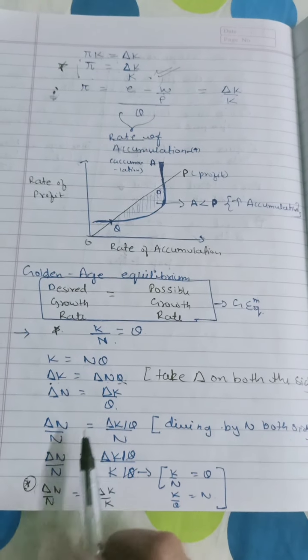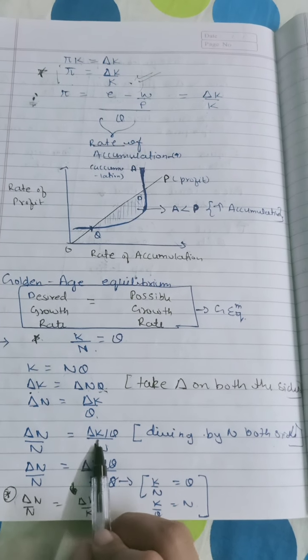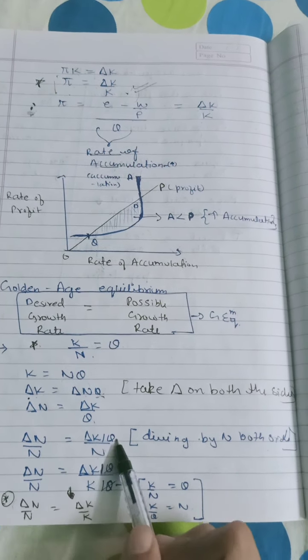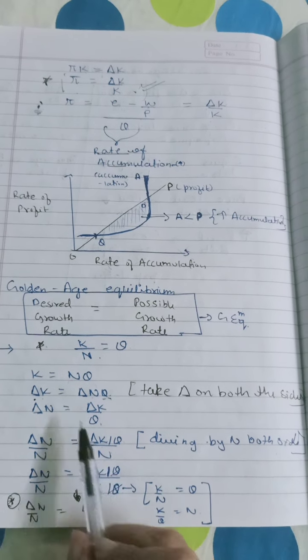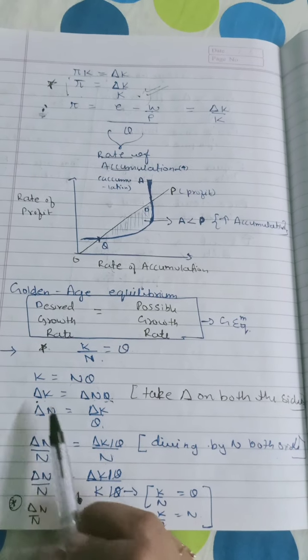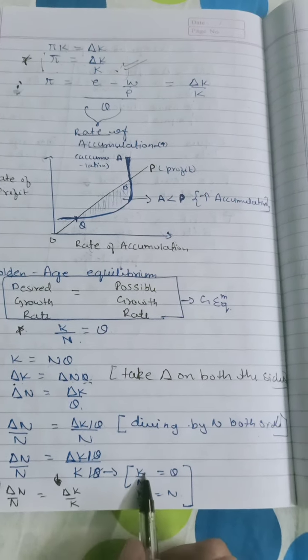If you divide both sides by N, then you will have this equation: change in N upon N, this change in K into this constant divided by N, and your N must be equal to K upon theta.